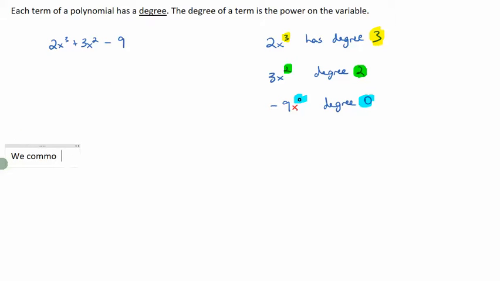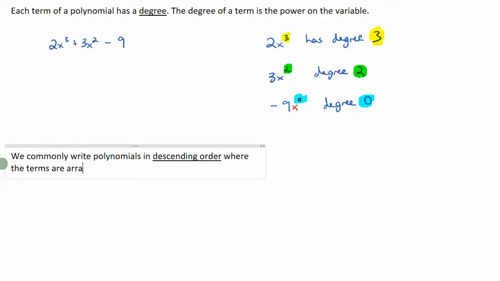We commonly write polynomials in descending order. Okay? Where the terms are arranged from highest degree to lowest degree.